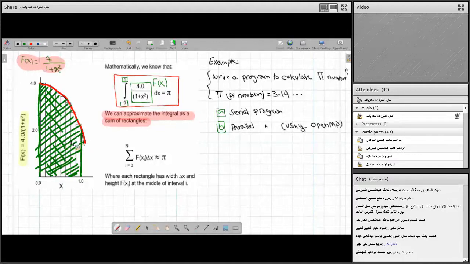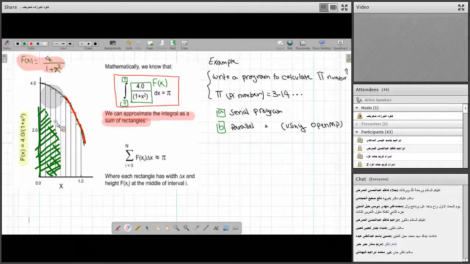We can approximate this integral. میتونیم تقریب بزنیم این انتگرال رو با جمع چند تا مستطیل.